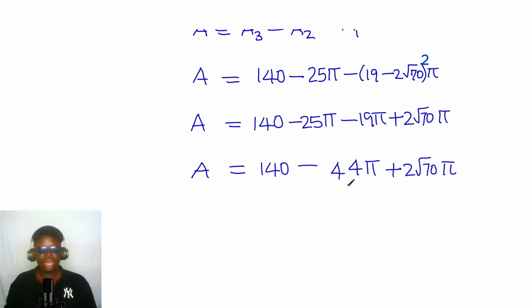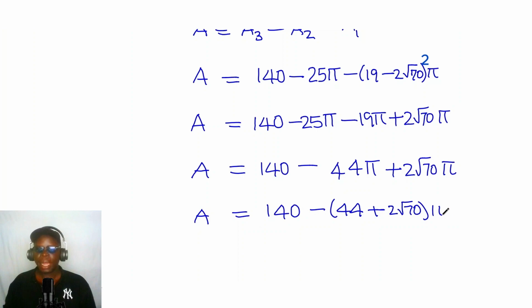So let's use our calculator to add this one. Because pi is common, we can factor it out to make it easy while entering it into a calculator. Minus, you can say in bracket, 44 plus 2 root 70, pi. And again, for this one to be right, since we are using minus here, the bracket must contain a negative, such that if you open up this, you will obtain back negative, and negative times negative is positive.